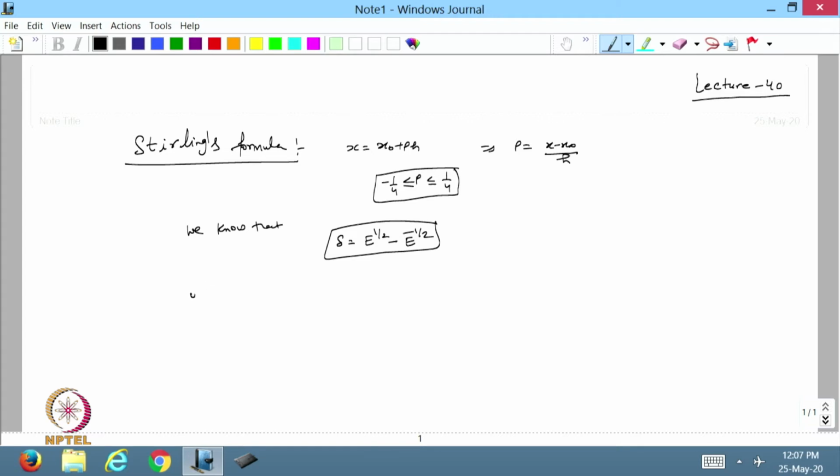Stirling formula: I want to find Yp. So Yp is equal to E to the p, that is Y naught. So this is equal to Y naught plus p, and then I am taking (delta Y minus half plus delta Y plus half) by 2. So I am taking the mean of these two values.